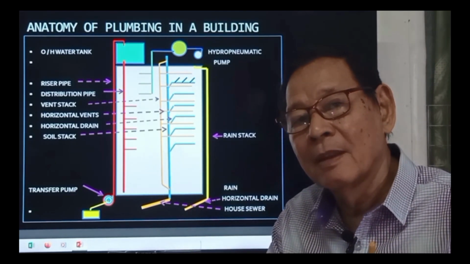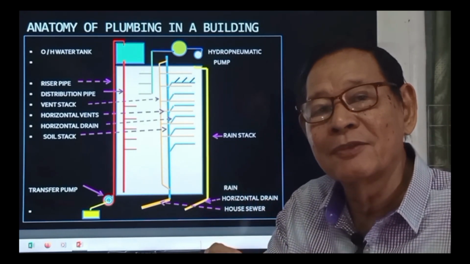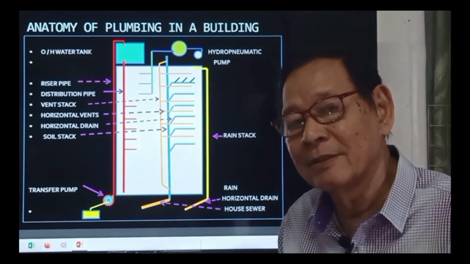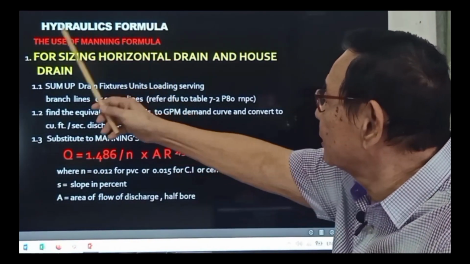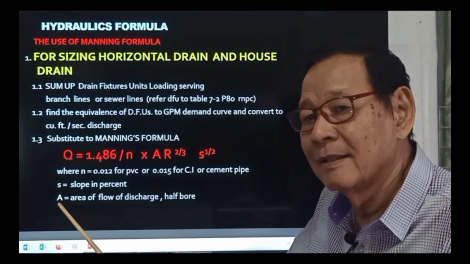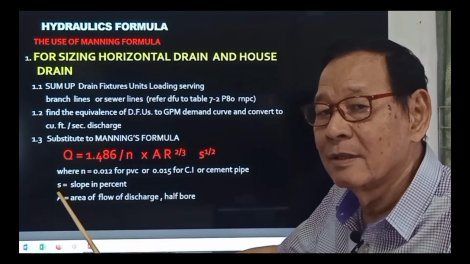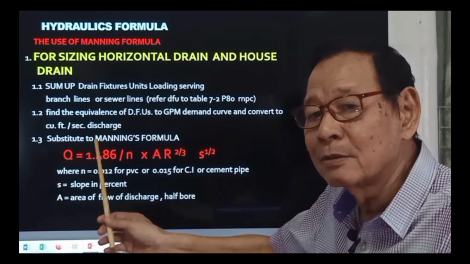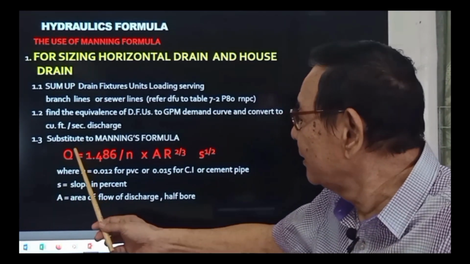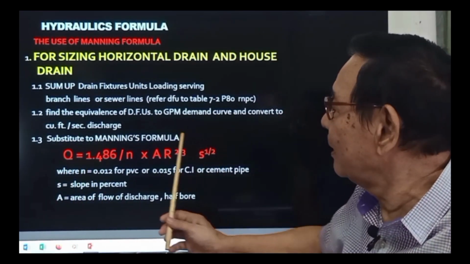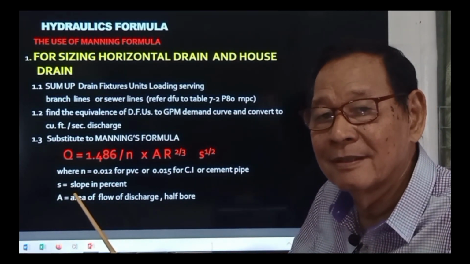Relationship of interference between horizontal branch and the soil stack itself. I used to give this hydraulics formula for money. I don't have to elaborate further because in most of my hydraulic drain, waste and vent lectures, this is the same equation that we are studying also.